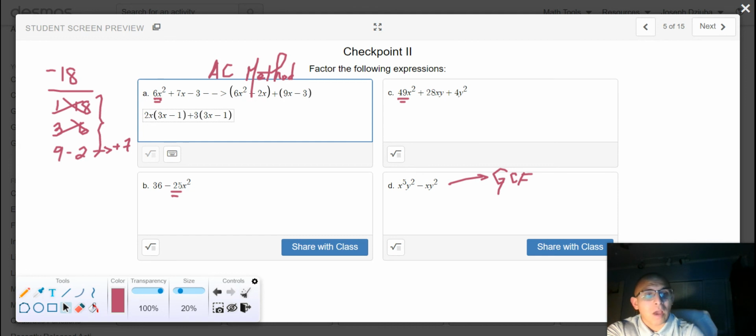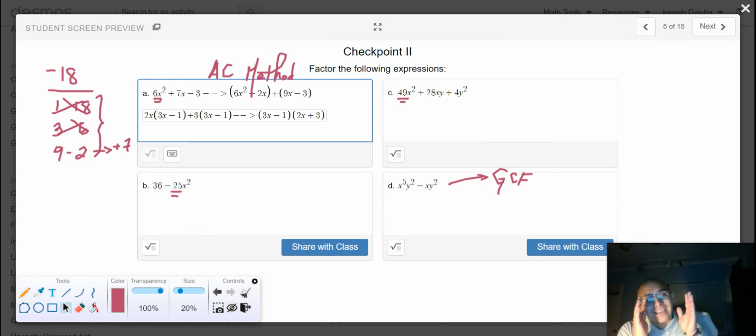And notice how I have the identical expression in both my first term, 3x minus 1, plus 3 times 3x minus 1. So I can further break down this expression to 3x minus 1 times 2x plus 3.